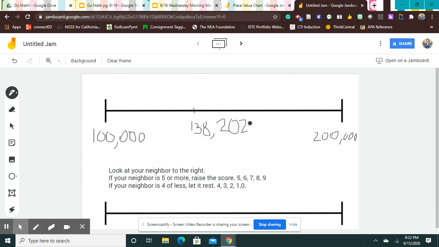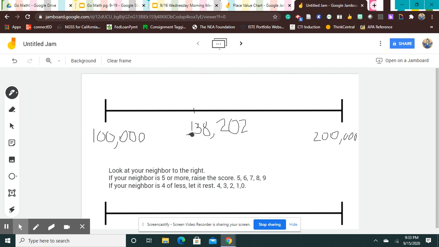So in the 100,000, we have ones, tens, hundreds, thousands, 10,000s, 100,000. So here's our 100,000. But remember, we have to look at our neighbor. So our neighbor is the 3. Look at your neighbor to the right. I did. My neighbor to the right is a 3, because I'm rounding to the nearest 100,000.